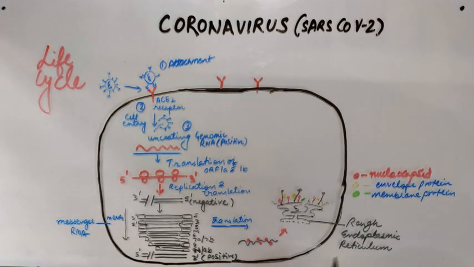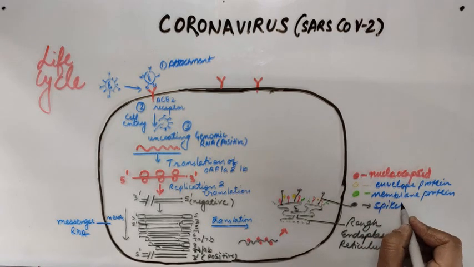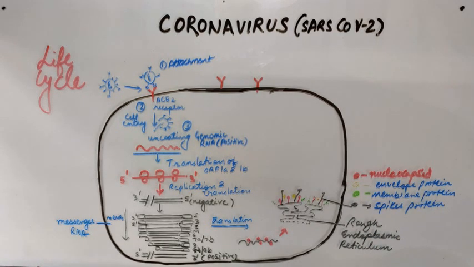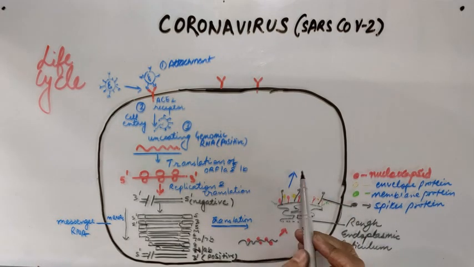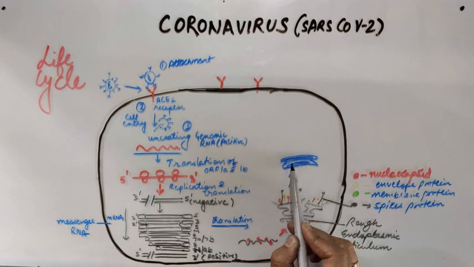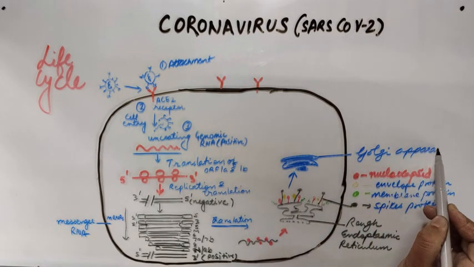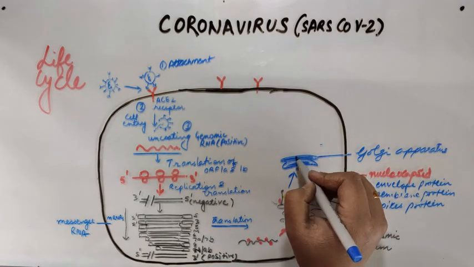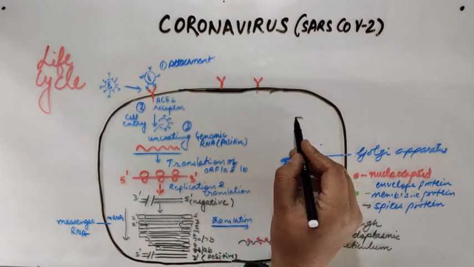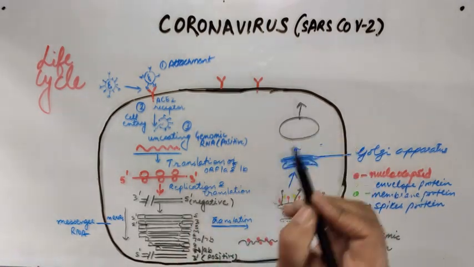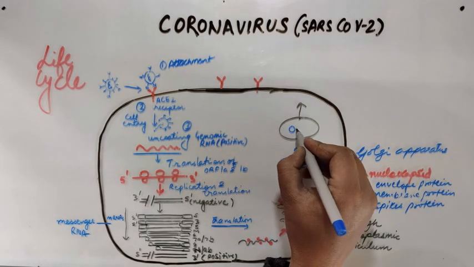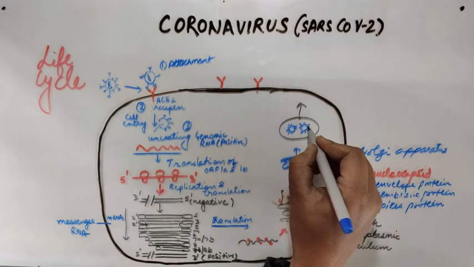The red portion I am showing is the nucleocapsid, yellow protein is the envelope protein, whereas the green is the membrane protein, and the protein shown in black is the spike proteins, which will further help in the attachment process. This is the Golgi apparatus.